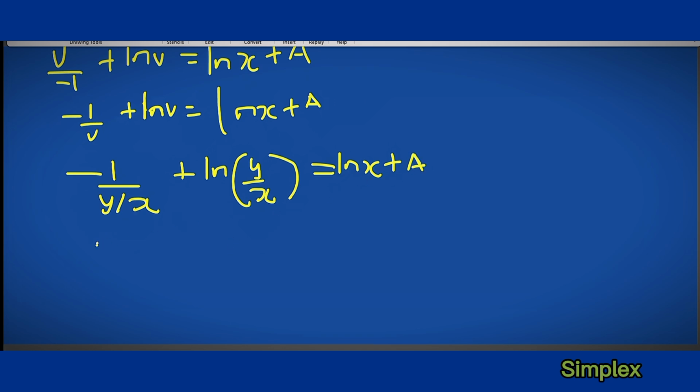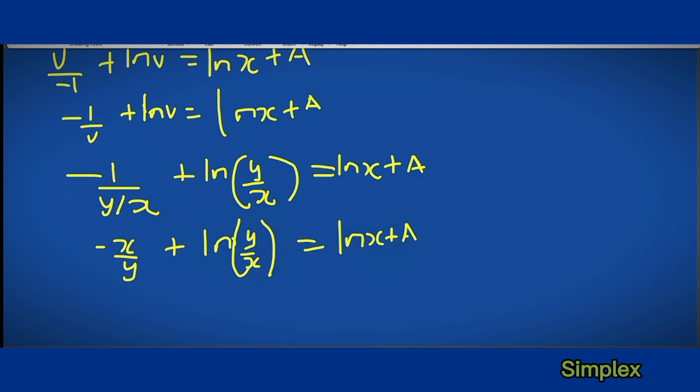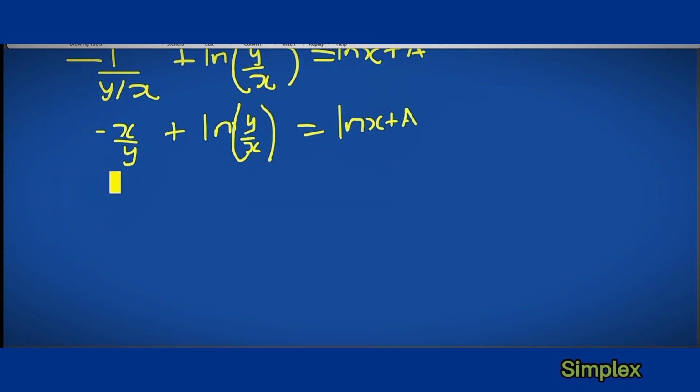So we have that minus x over y plus ln y minus ln x is equal to ln x plus a.